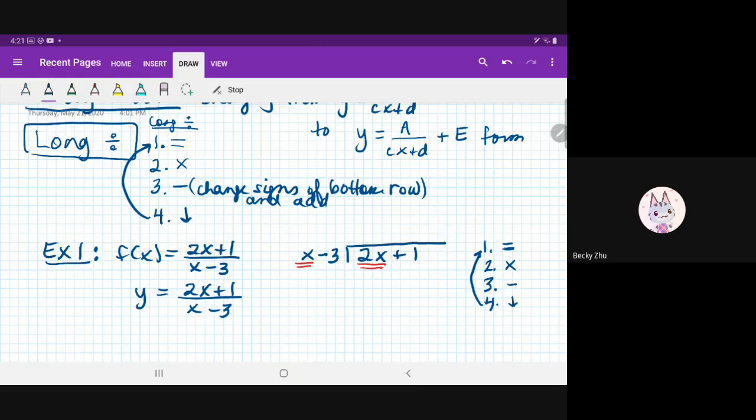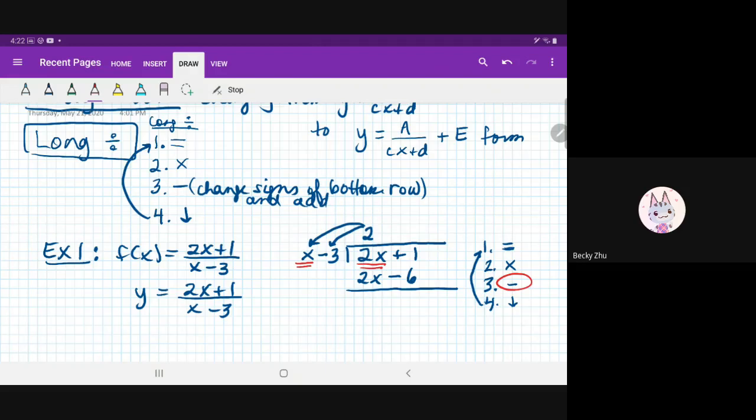I want to know what number I'm putting at the top. It's 2. So you put the 2 at the top, to make a match, and then you distribute it to both. I get 2x minus 6. So I multiplied to the front and distributed.